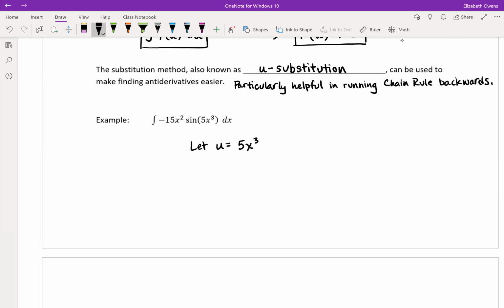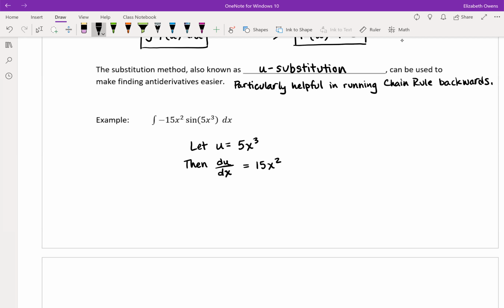Okay, so then if we do that, we know that 15x squared is the derivative. So du dx, the derivative of u with respect to x, is 15x squared.